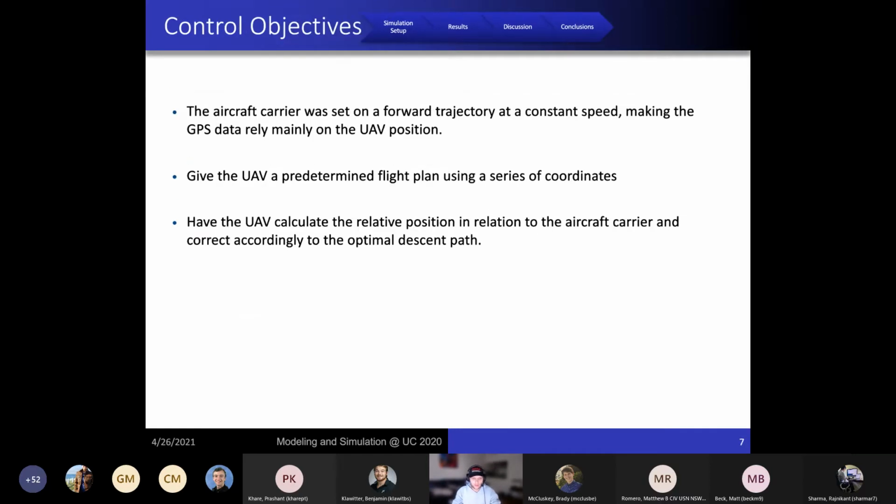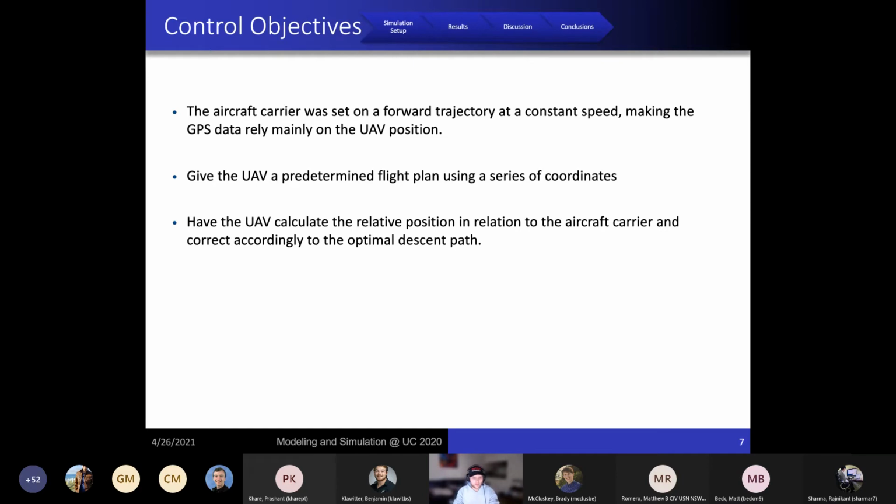For our objectives, we were to put the aircraft carrier at a forward trajectory at a constant speed. With this being the case, the UAV was able to take that data between the two bodies, and with the aircraft carrier moving at a relatively slower speed, the error was mostly due to the UAV, and we also implemented error filters, so we didn't have any unfavorable results.